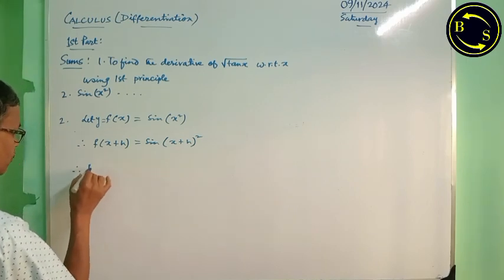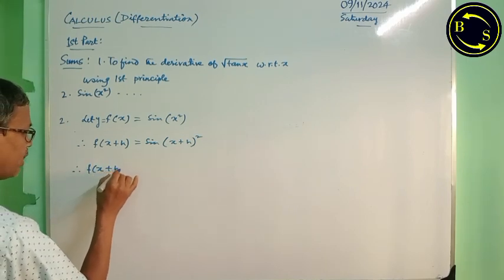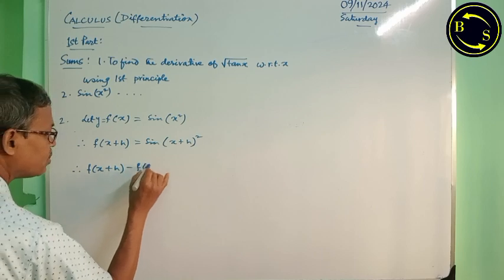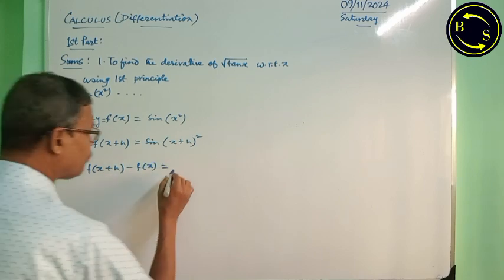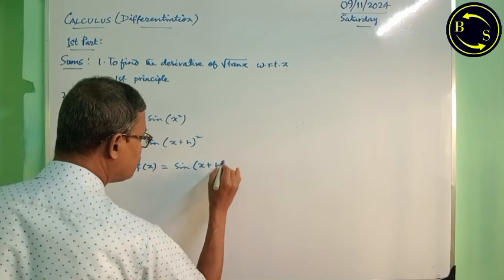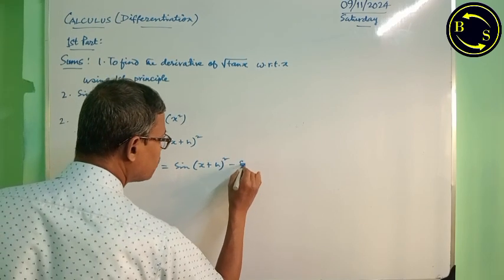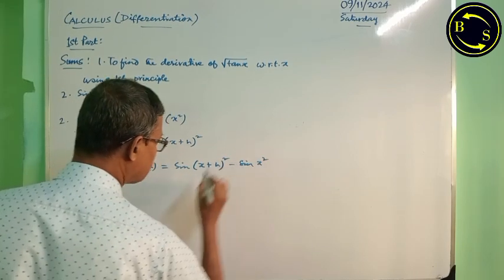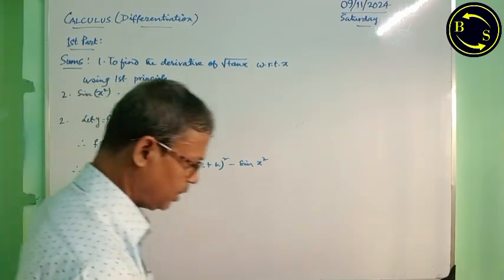Therefore, f of x plus h minus f(x) is equal to sine of (x plus h) whole square minus sine x square.